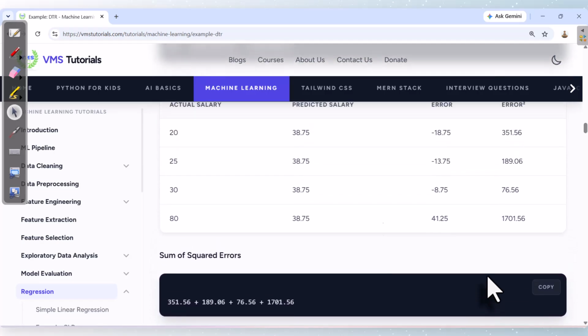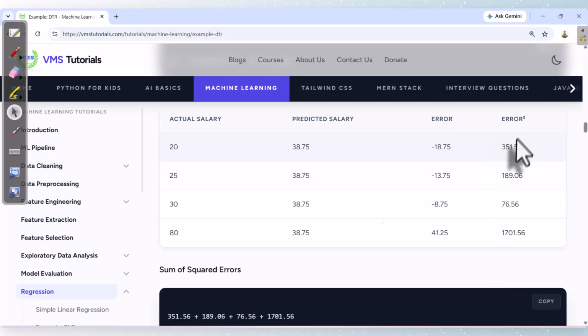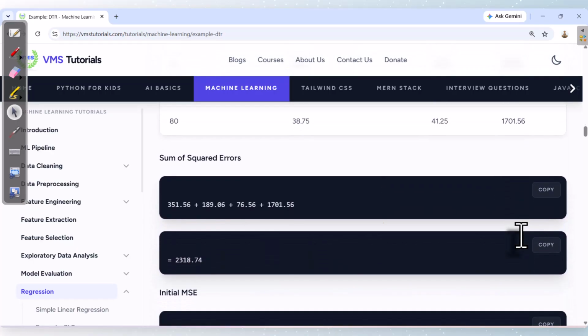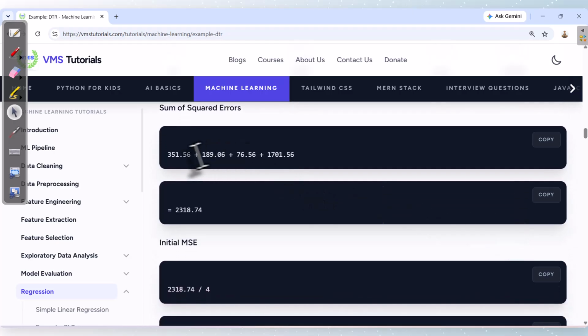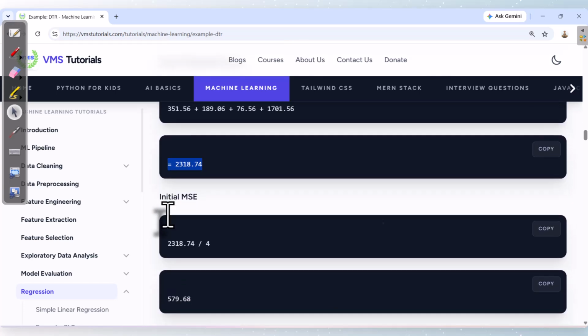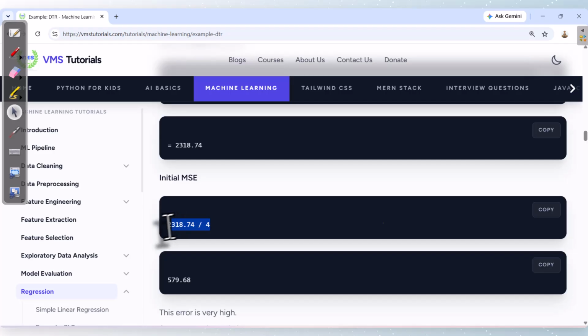Now you can calculate the sum of squares, the last column sum: 351.56 plus 189.06 plus 76.56 plus 1701.56.